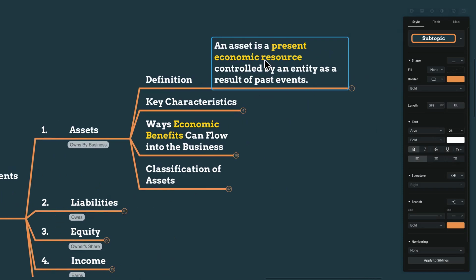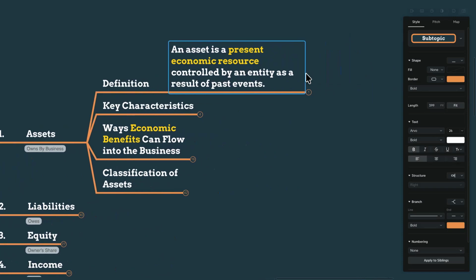So let's see the definition here. An asset is a present economic resource controlled by an entity as a result of past events. The important words are present economic resource, which you have right now. It's controlled by an entity as a result of past events. So what does this mean?